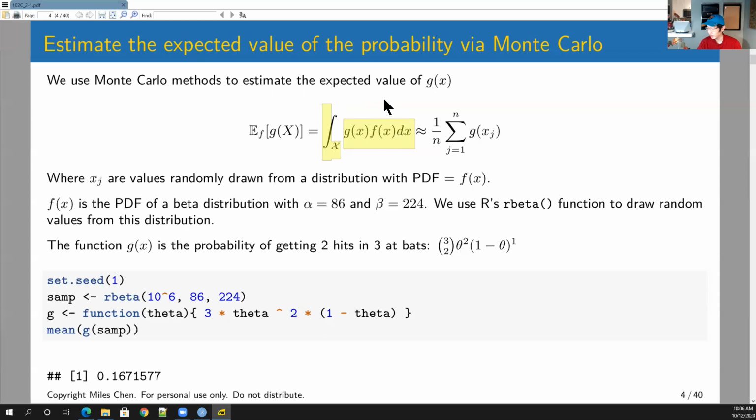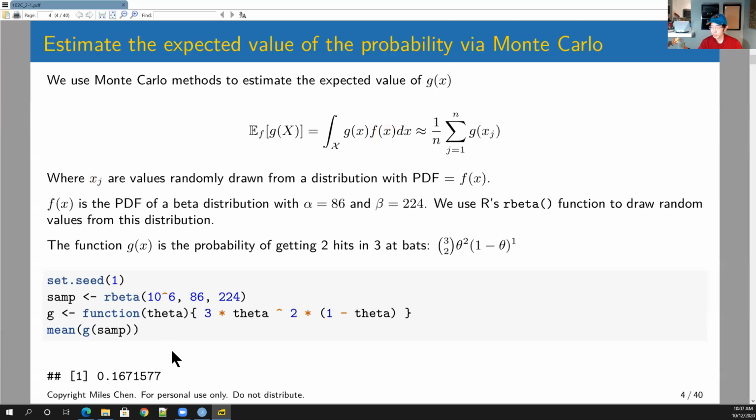We are going to estimate it using the sample mean, or basically the mean of the result of applying the function g to a bunch of samples x sub j. So the x sub j are a bunch of values that we randomly draw from a distribution with this particular PDF. And then we take the mean of it, right?